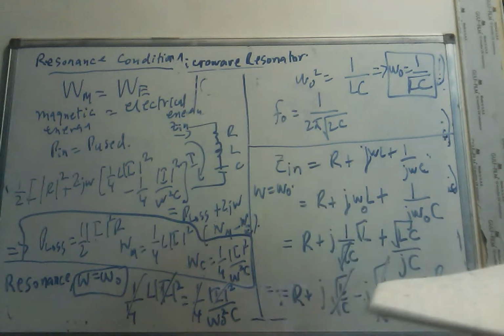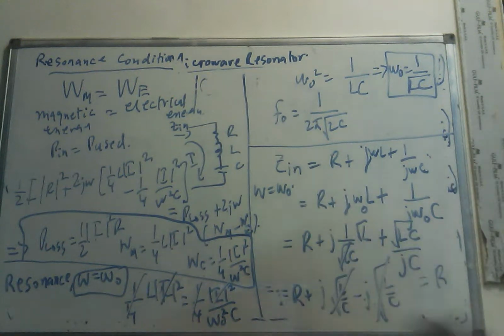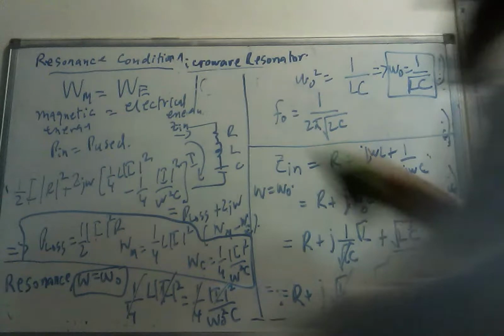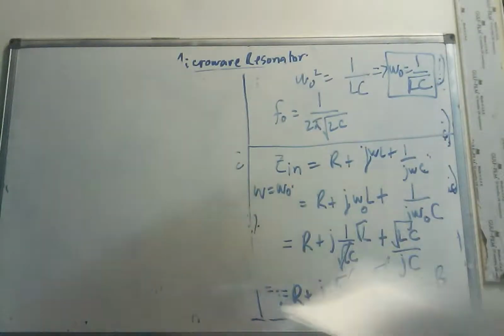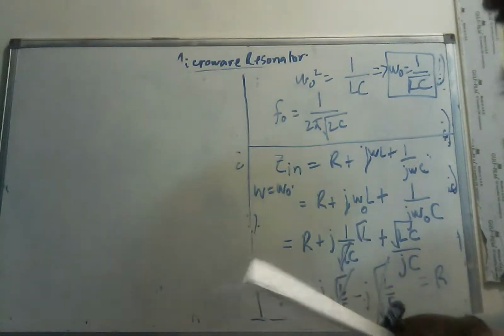Now a very important parameter of the resonance is called the quality factor or the Q factor. So the next topic is the Q factor and bandwidth, because these two are related.